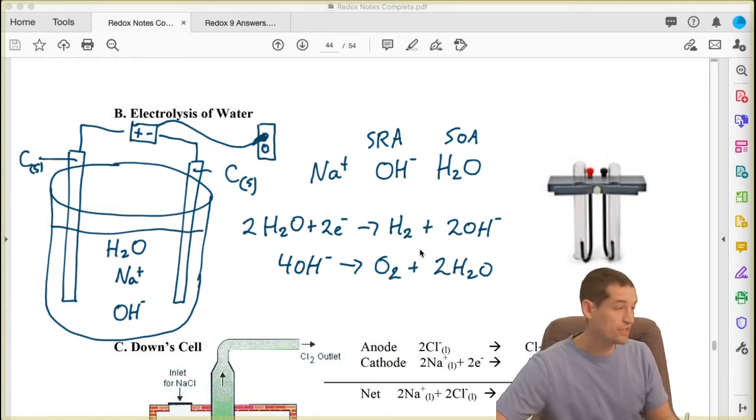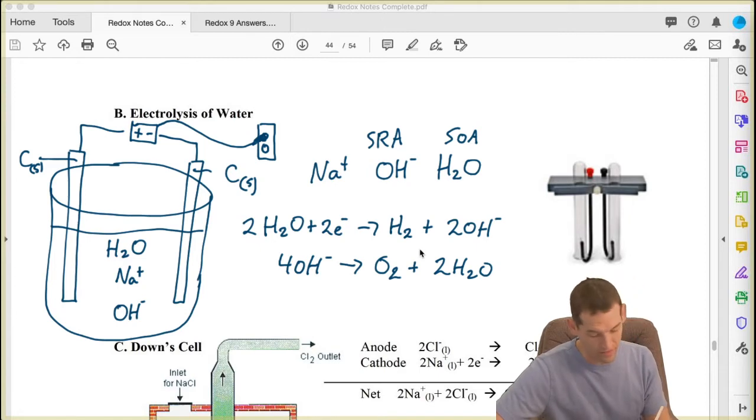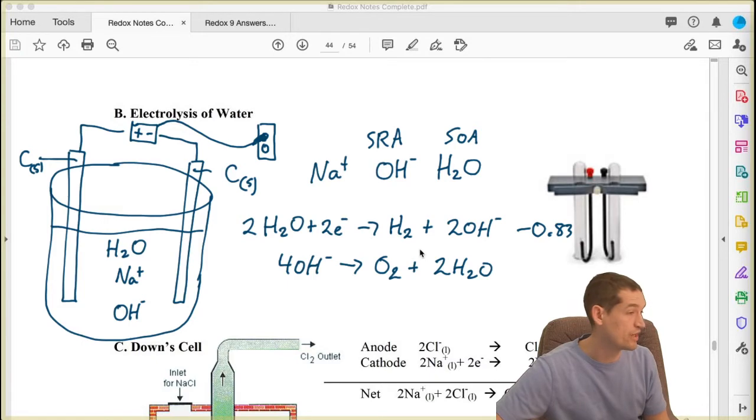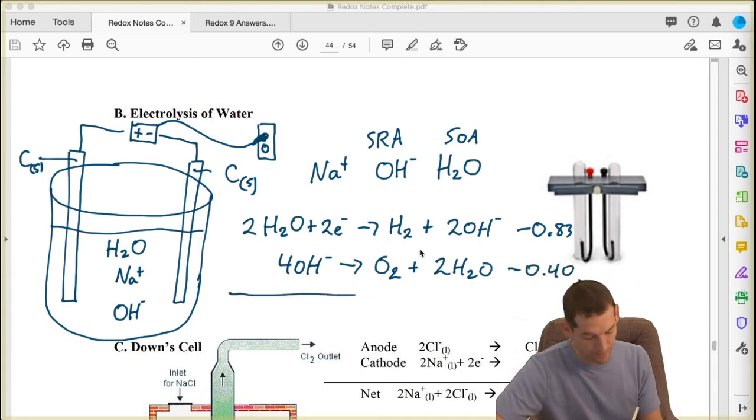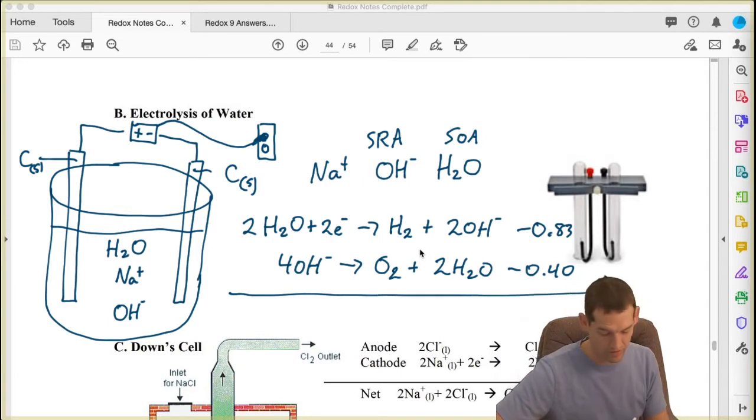And the voltages, the water reaction we wrote forwards, so that's a negative 0.83. And the hydroxide reaction is positive on our table, but we have to flip it so it becomes a negative 0.40. Well, I didn't put my electrons on the hydroxide.